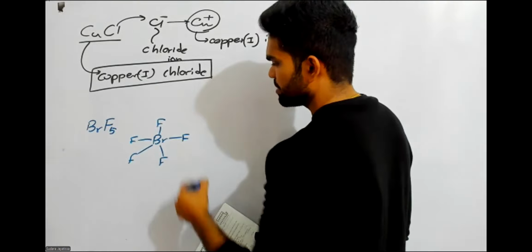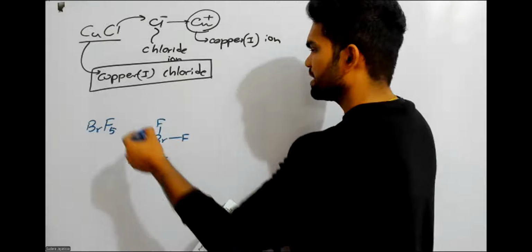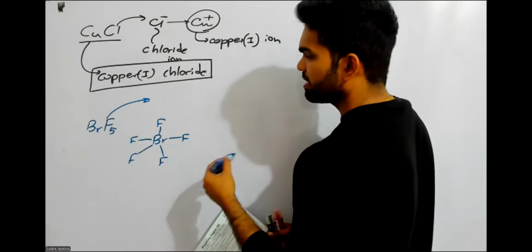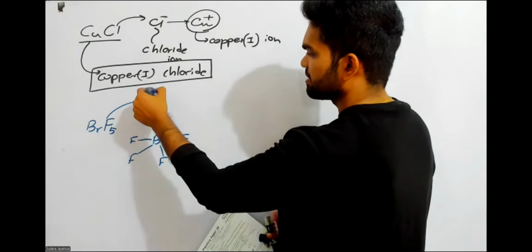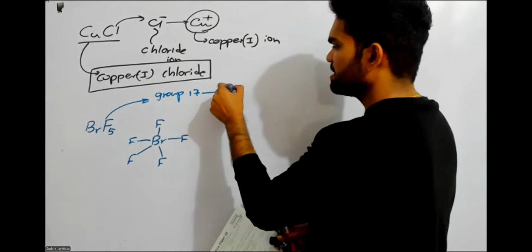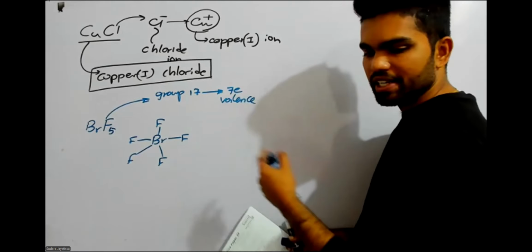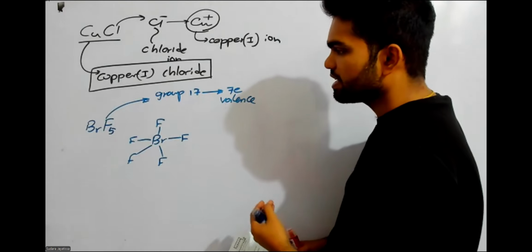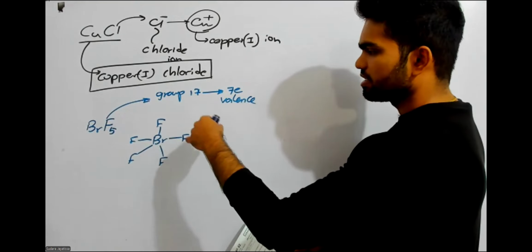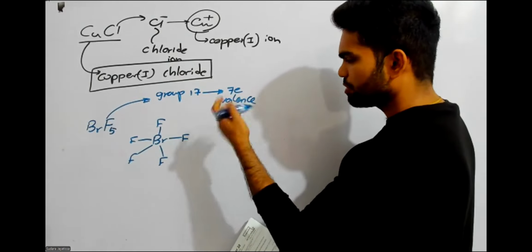There will be 5 atoms of fluorine around bromine. Then find the total number of valence electrons. Bromine and fluorine are both in group 17, so they have 7 valence electrons each. So 5 fluorines give 7 into 5, 35 electrons, and another 7 electrons from bromine.